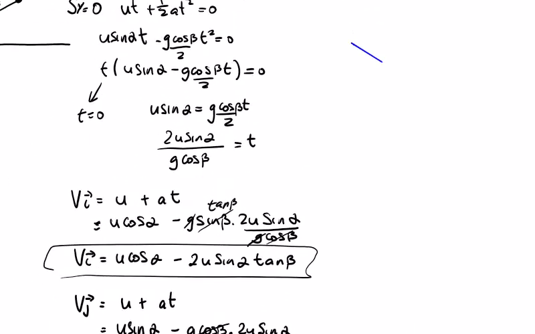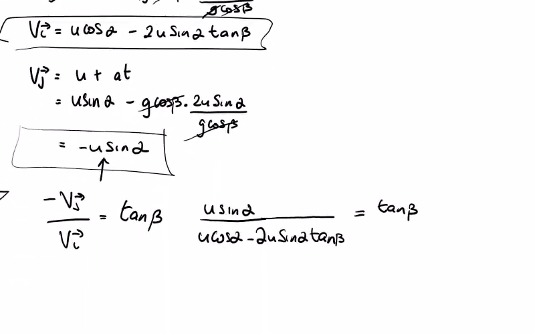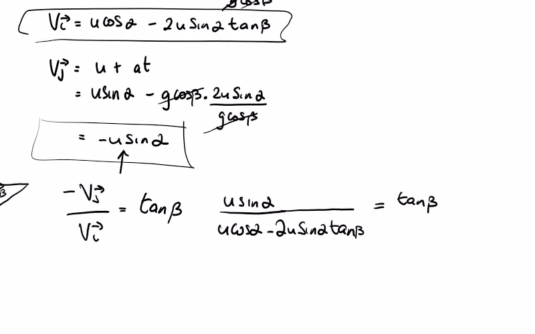Let's have a quick look at what they're looking for. They want us to show tan alpha equals tan beta over 1 plus 2 tan squared beta. So we need to get rid of these sines and cosines. We want it all in tan. So it should jump out at you that to get tan here, we'd have to divide by u cos alpha.